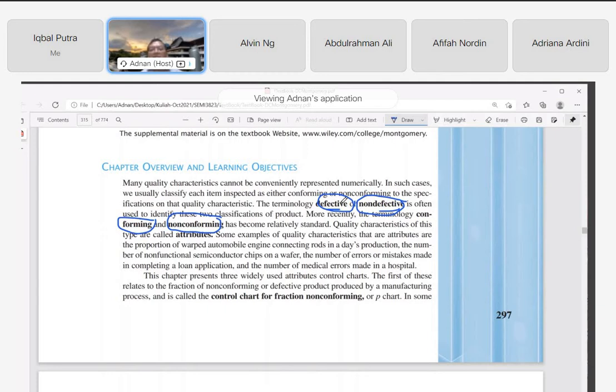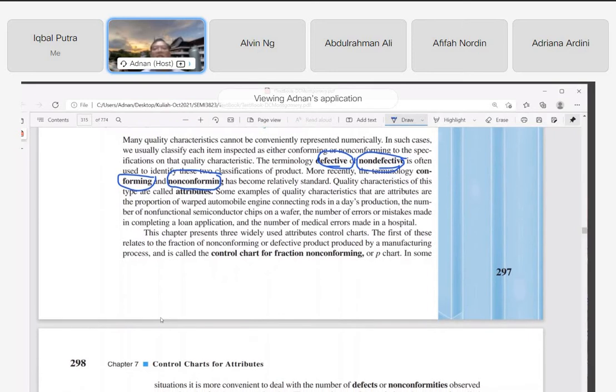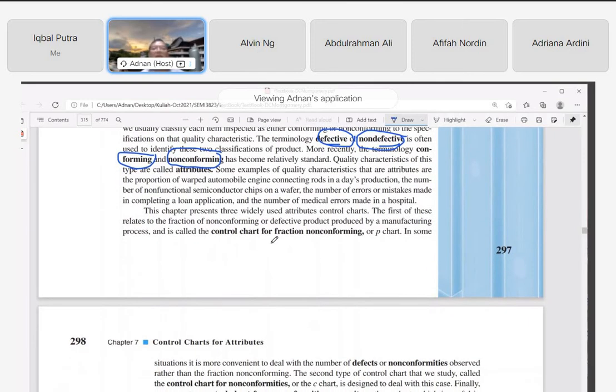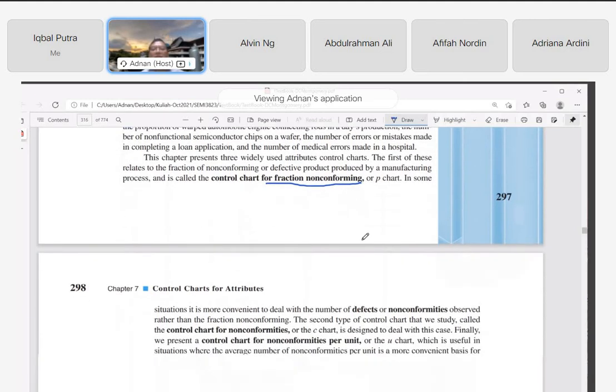Defects mean bad products. Non-defective means good products. So for the non-conforming chart or defective chart, we have what we call the control chart for fraction non-conforming.